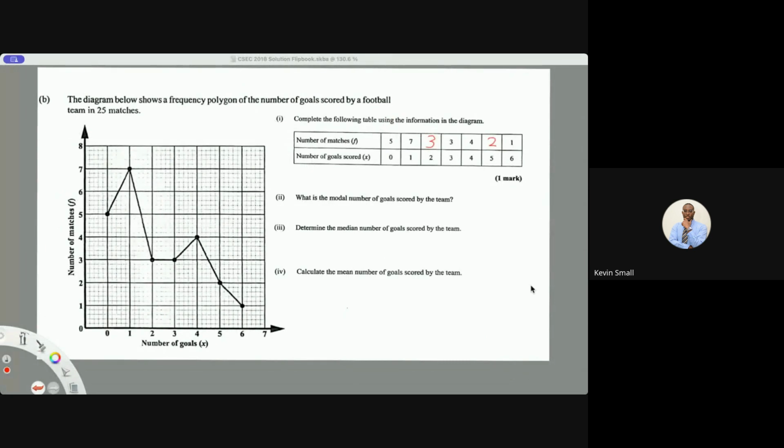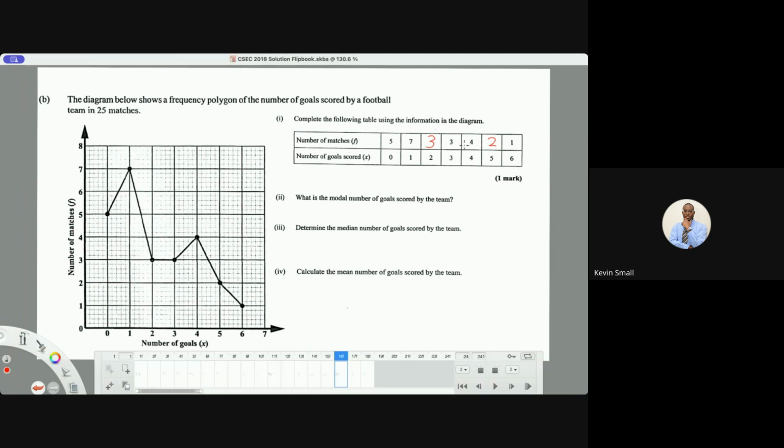All right. Everyone else says 1. Okay, cool. So let's go back. So look, modal is the most frequent. So 1 is the most frequent. Therefore, the answer for mode is 1. Okay, so that is how you would figure that one out.